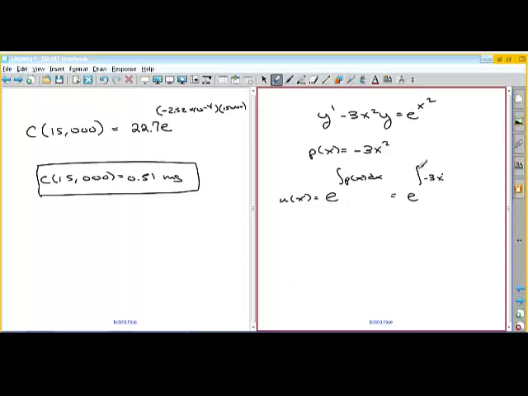Our P of x is negative 3x squared dx. In this case, that's just a simple polynomial. So you get e to the negative 3 times x cubed over 3. The 3's cancel out. So the integrating factor is e to the minus x cubed.